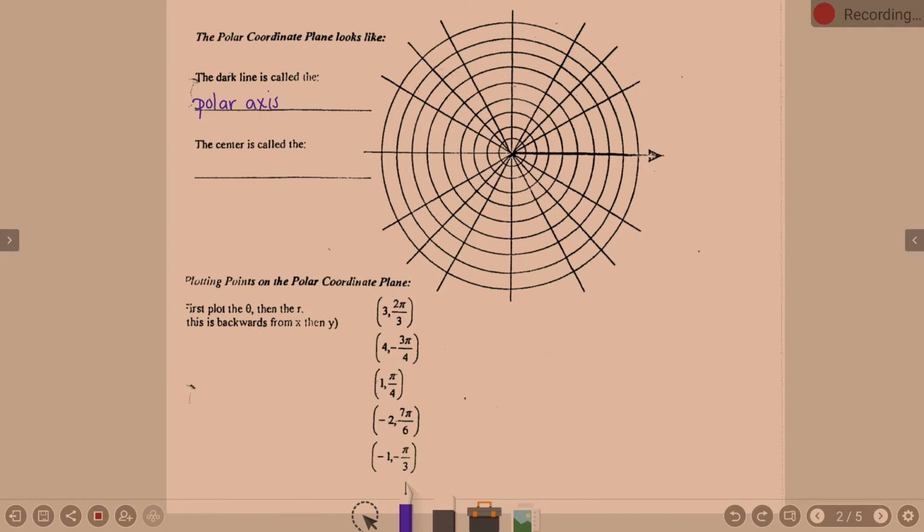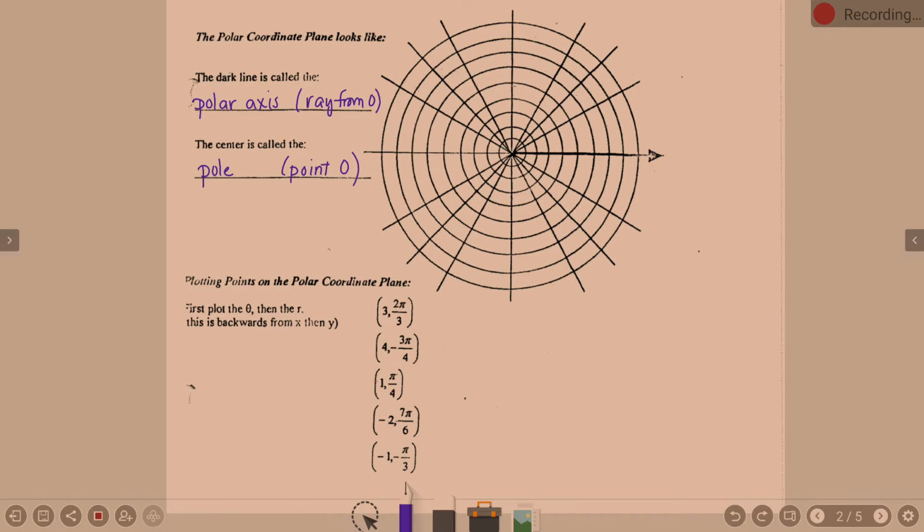And you'll notice it's only the right side, okay? So if you want, you could say it is the ray from 0. And then the center, I talked about this up above, the center is called the pole. Or in other words, the point there in the center.